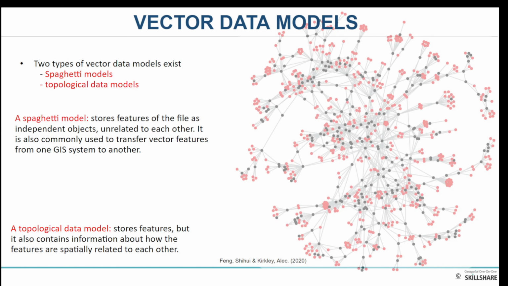Within the vector data model, there are two types of vector data models. We have what we call the spaghetti model, and then we have what we call the topological model. Now, don't worry about the big English. I will try to explain this. In our society, things are related to each other.